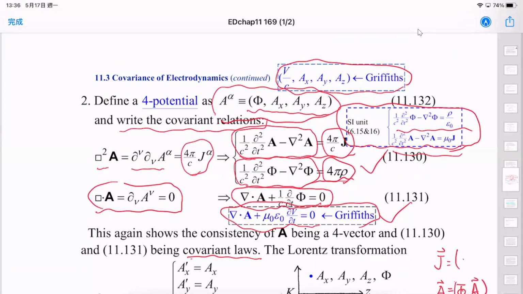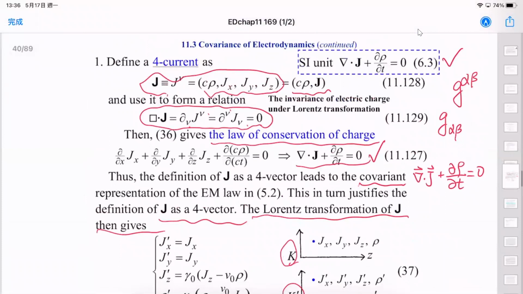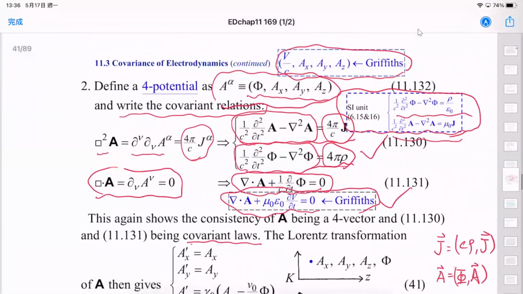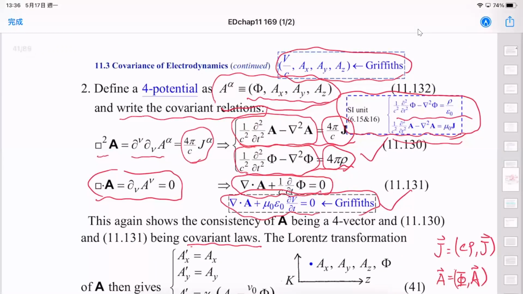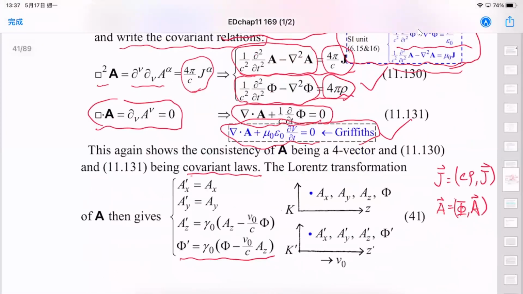For current, zero current. Okay, we just derived two important equations: conservation of charge and the Lorentz gauge equation, and the inhomogeneous wave equation. So A will satisfy the Lorentz transformation.